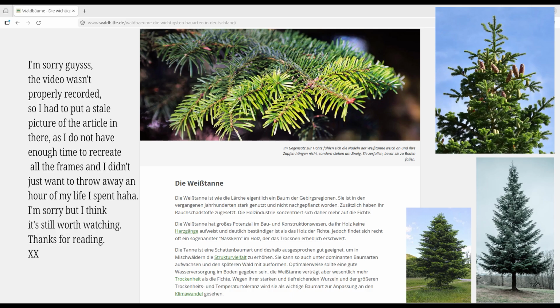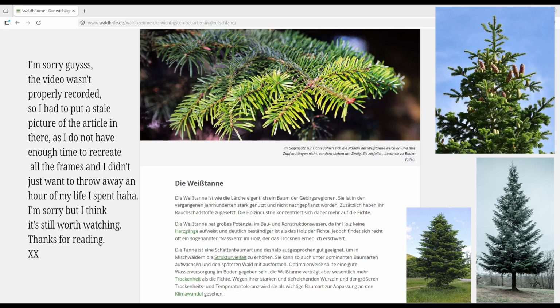And yeah, nachgepflanzt, so being planted right back after being felled, I guess. Worden, so ich wurde, or sie wurde gepflanzt, ist gepflanzt, nachgepflanzt. Worden is the passive form, if I'm correct. Ist nachgepflanzt worden, like is being replanted, I'm gonna say. So this should be the passive form of the past form, if I'm not totally incorrect.